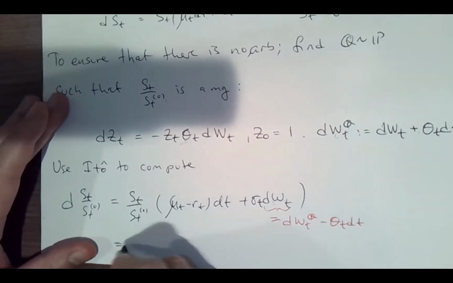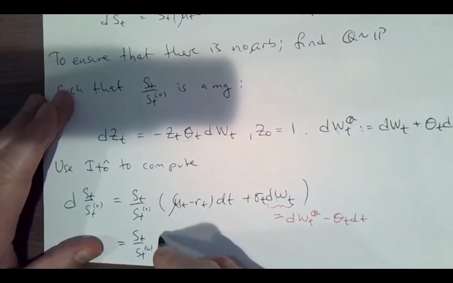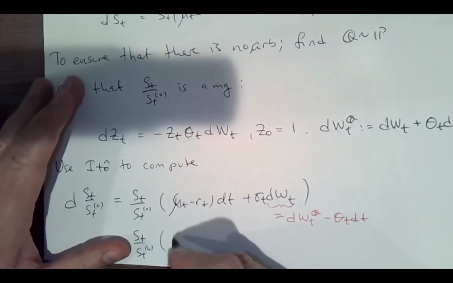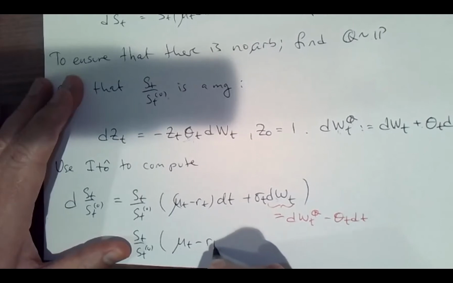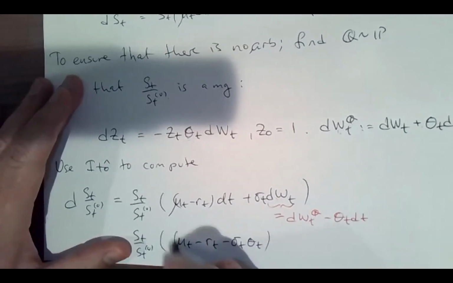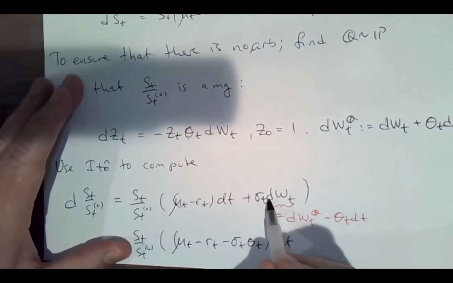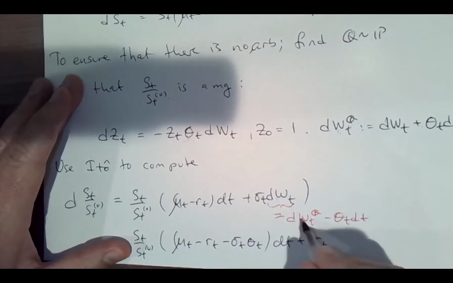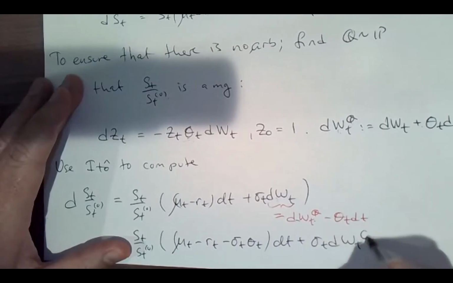And that will allow me to write everything here as mu_t minus r_t, and then I'll have minus sigma_t theta_t. And then I'll have my sigma dW_t^Q.